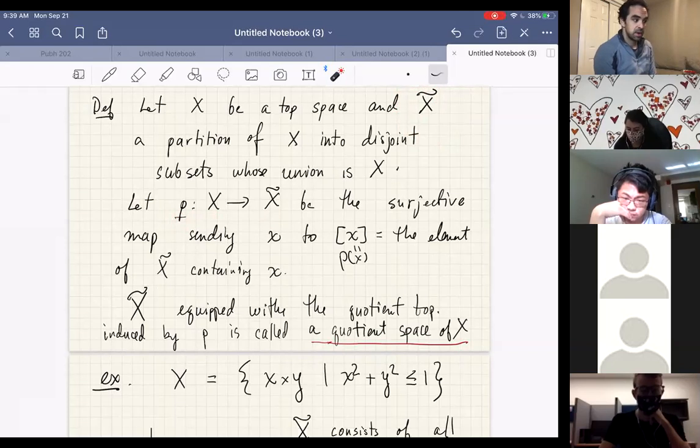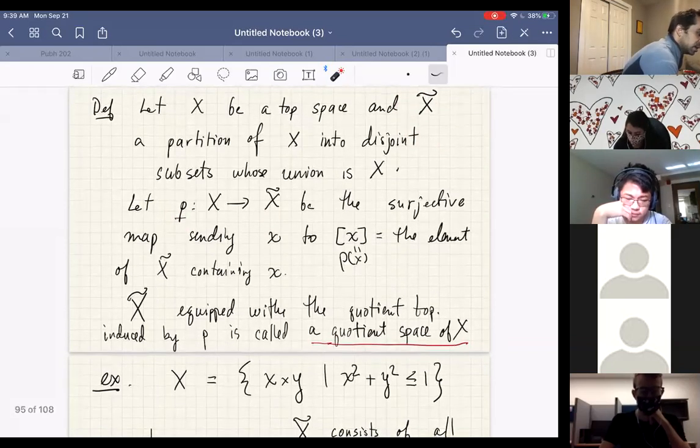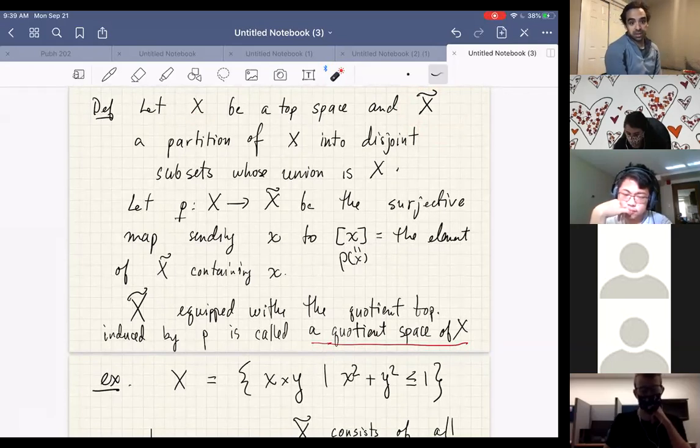And how does this arise in practice? Well, given a topological space X, we can obtain a set X tilde by defining an equivalence relation on X, right? And then X tilde would be the equivalence classes with respect to that equivalence relation.